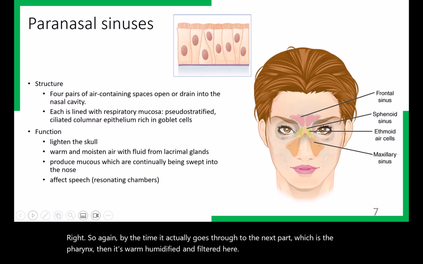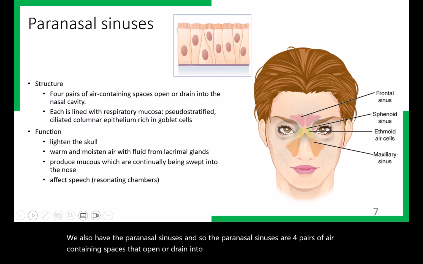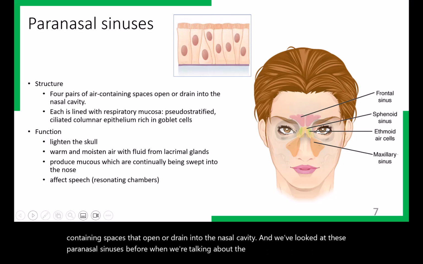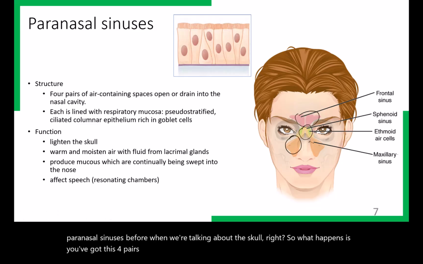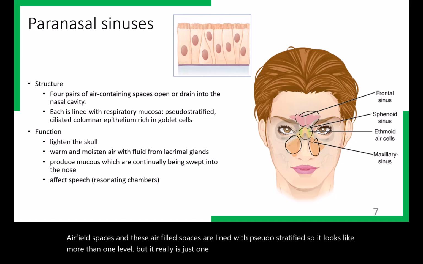We also have the paranasal sinuses, and so the paranasal sinuses are 4 pairs of air-containing spaces that open or drain into the nasal cavity. And we've looked at these paranasal sinuses before when we were talking about the skull, right? So what happens is you've got these 4 pairs of air-filled spaces, and these are lined with pseudostratified, so it looks like more than one level, but it really is just one layer of epithelial cell.